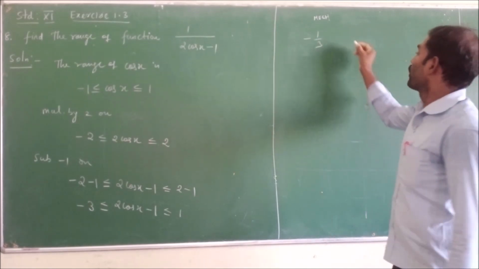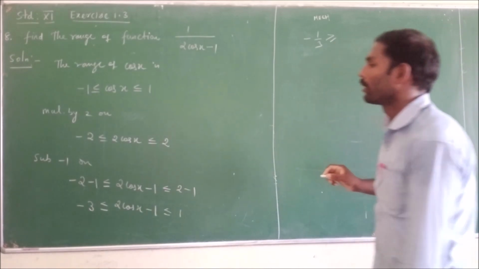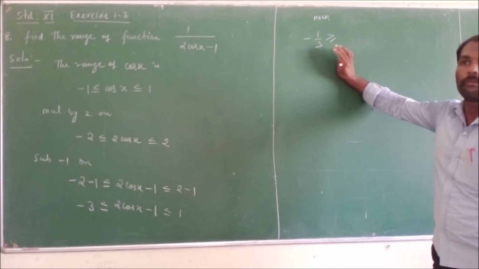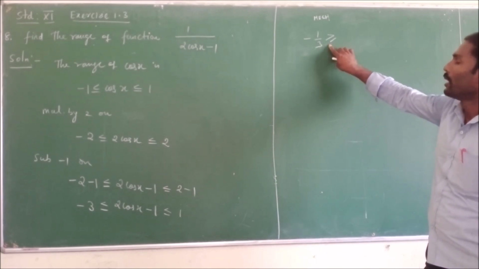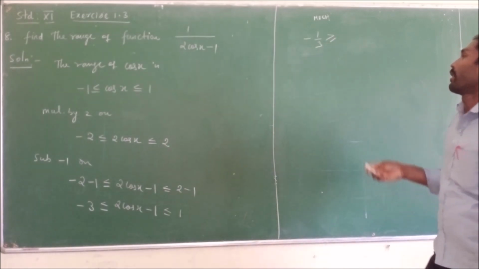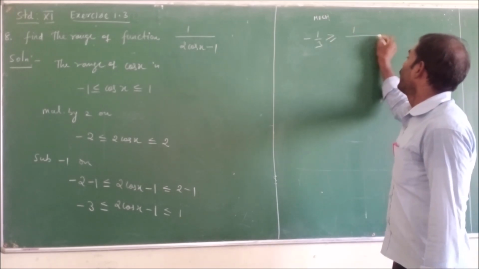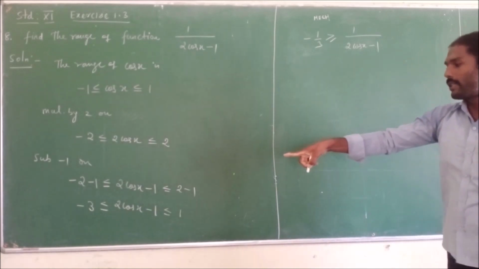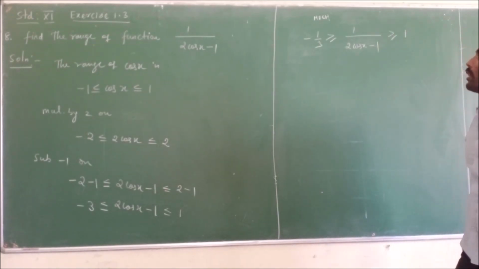Every number, when you take the reciprocal or multiply or divide by a negative, the inequality changes from less than or equal to greater than or equal to and greater than or equal to less than or equal to. So -1/3 is greater than or equal to 1 by 2 cos x minus 1. Less than or equal to always changes into greater than or equal to, and 1 over 1 equals 1.